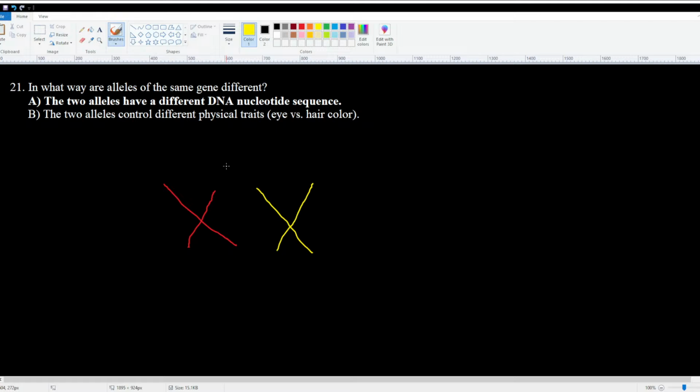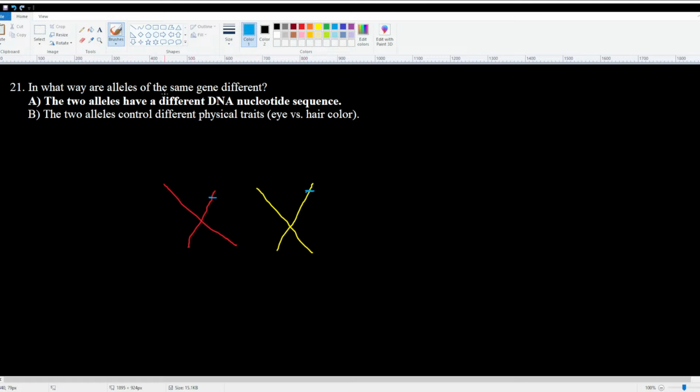So basically, when we're talking about alleles, we're talking about the same regions, the same coding regions on two homologous chromosomes. Remember, homologous chromosomes are pairs, right? So when we're talking about alleles, we're talking about this region, for example, and this region, for example.